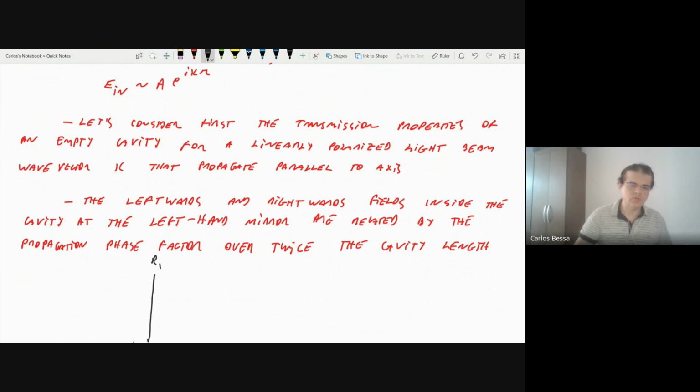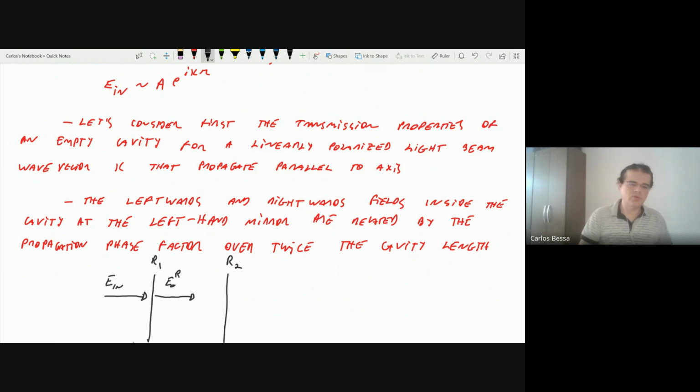So again, let's reproduce the figure. The two mirrors, R1, R2. Let's say that initially I have here incident light, represented by E in. One part of this light will be transmitted, and I'll call it E0 R because it's traveling from left to right.